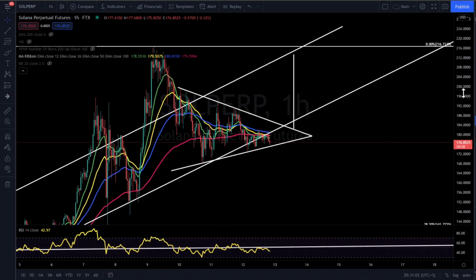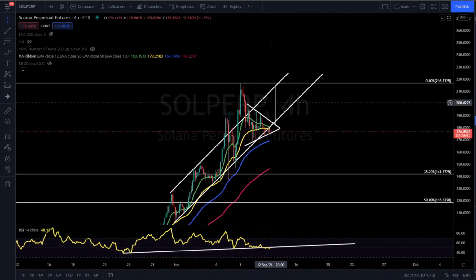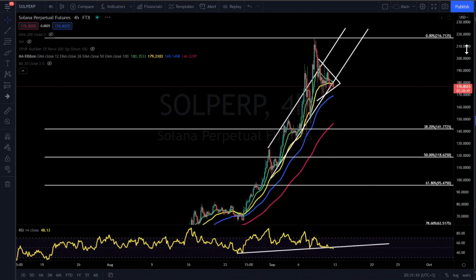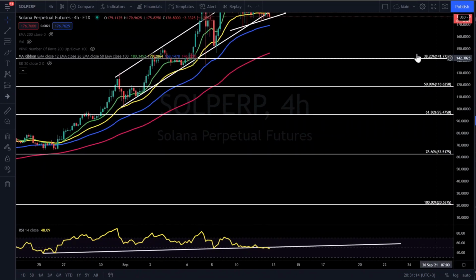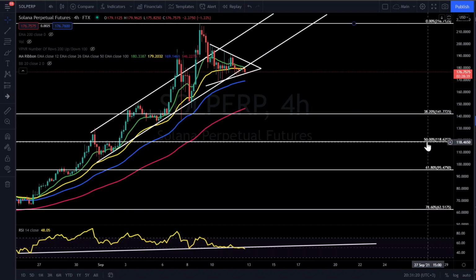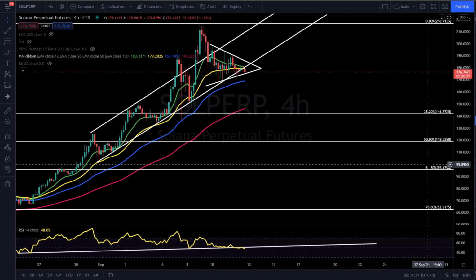So I think what we need to do right now is look for support levels. Where are we going? I have this Fibonacci from the top to the bottom, and we know these are our most important levels: 38, 50, 61, 78.